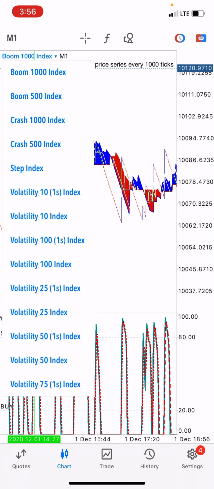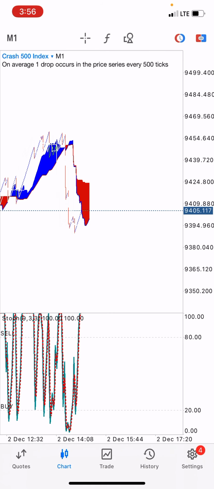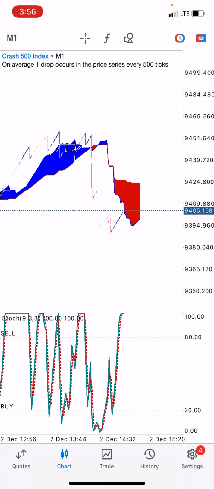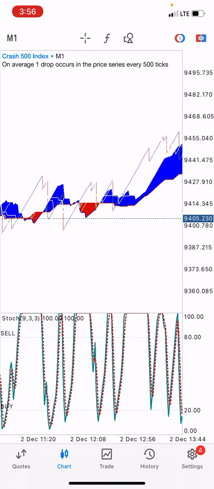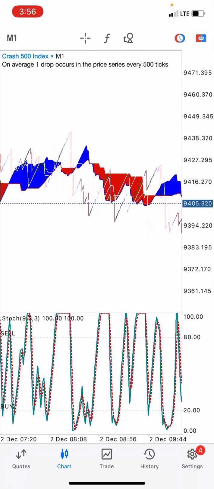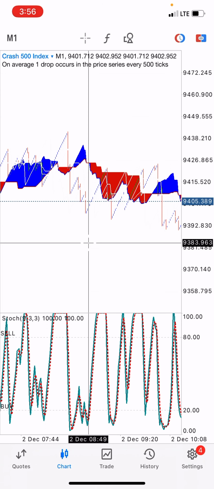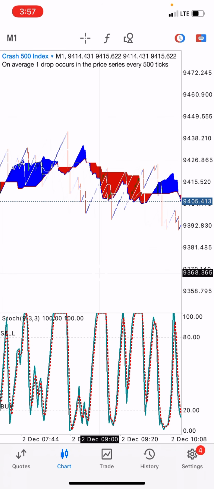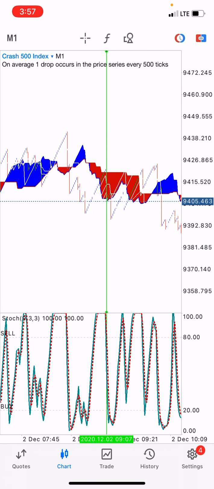Now let's go to crash and see how it works. As you can see now, for crash, it was selling here. You take your sell here, you would have caught this spike right here.